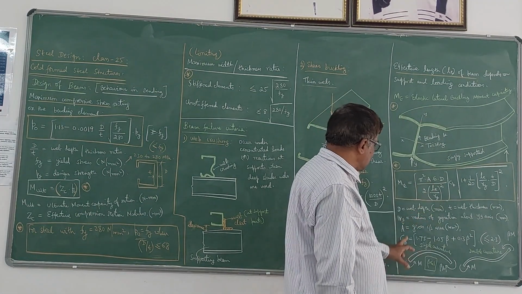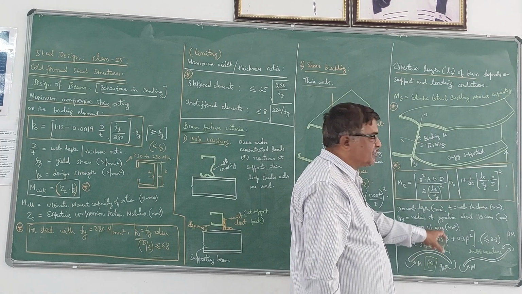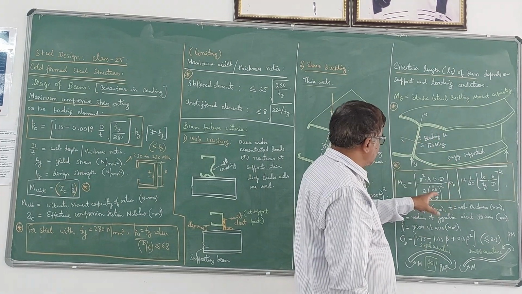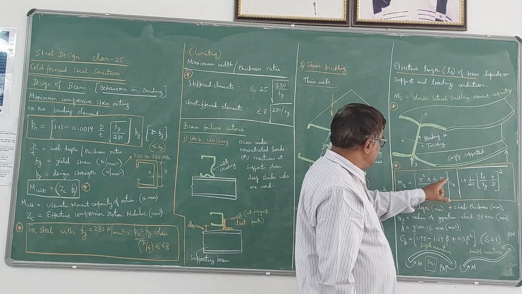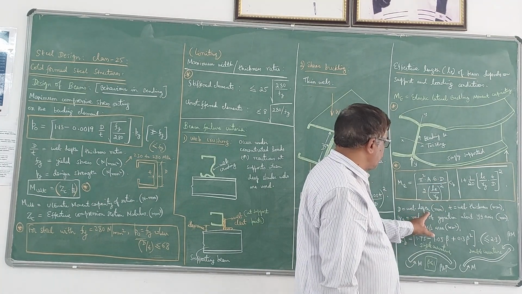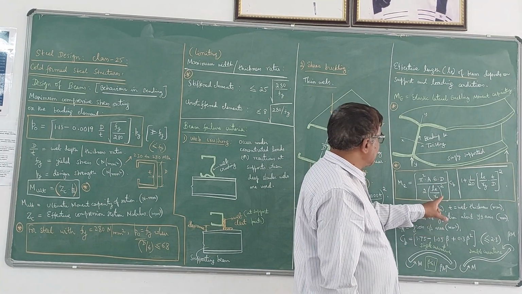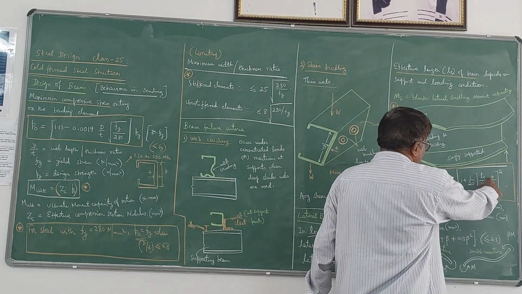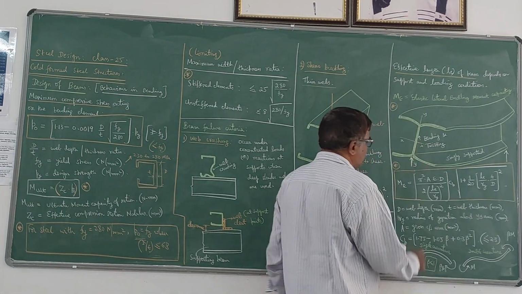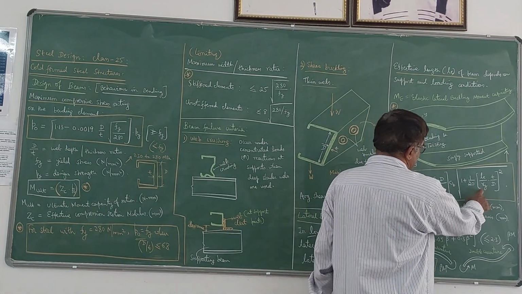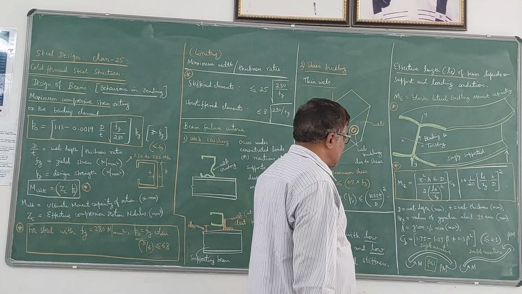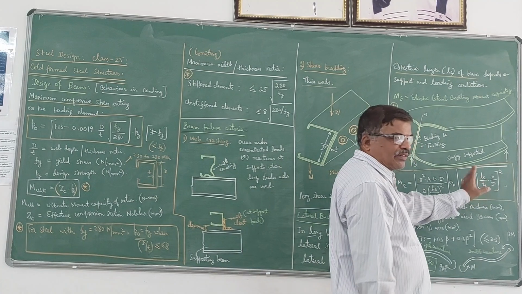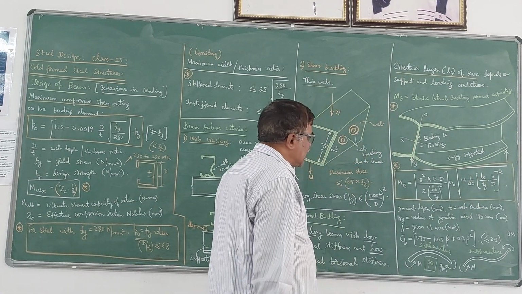A is the cross-sectional area of the section used as the beam. E is the Young's modulus of steel, and D is the depth of web in millimeters. T is the thickness of web in millimeters. ry is the radius of gyration about the y axis in millimeters. Le, of course, is the effective length of the beam in millimeters.